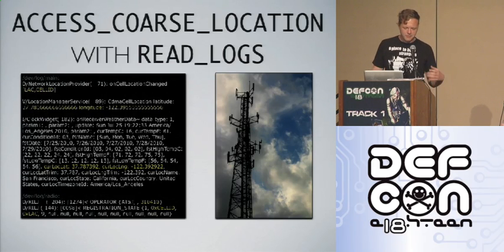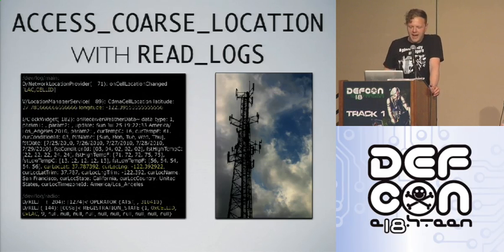And perhaps most interesting to us in some sense, read logs can be an alias for access coarse location. So on GSM devices, up until 2.1, and this has been fixed in 2.2, by the way, the network location provider would actually log the LAC and the cell ID of the tower that your device hops to when it connects to a new tower.